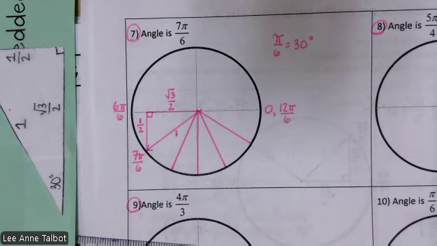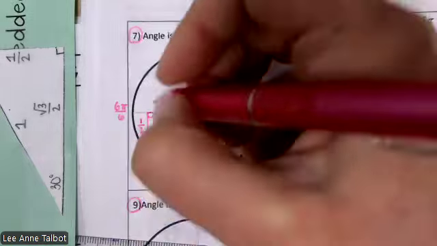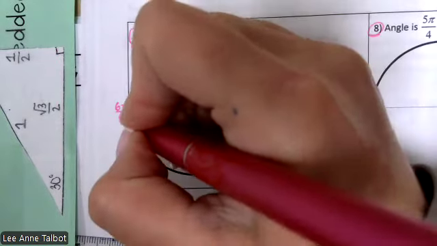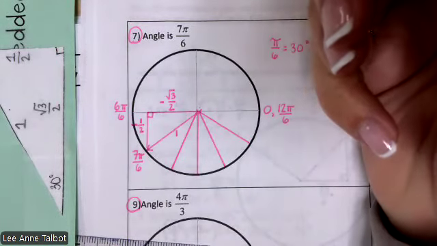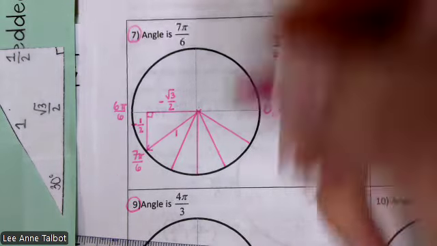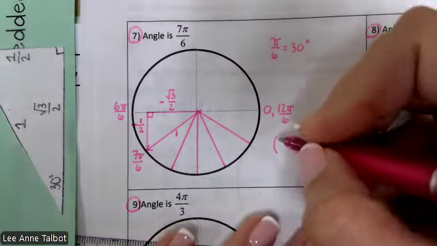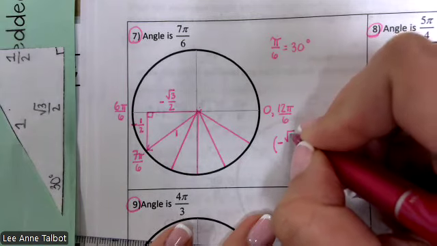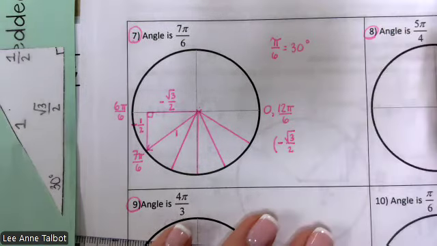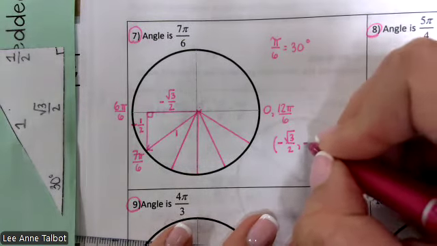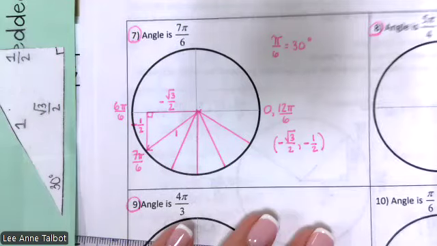And I think if I ask you to do this question, this might be where people forget. What are the signs in quadrant 3? Negative, negative. Quadrant 3, yeah, both negative. So the coordinate is back √3 over 2 and then down 1/2.